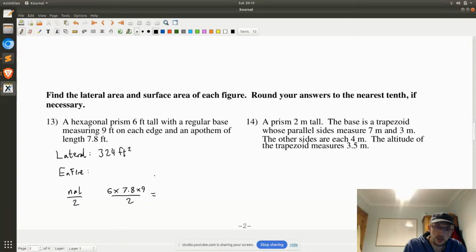So 54 times 7.8 is 421.2. Okay, then add these on to each other. So 745.2.